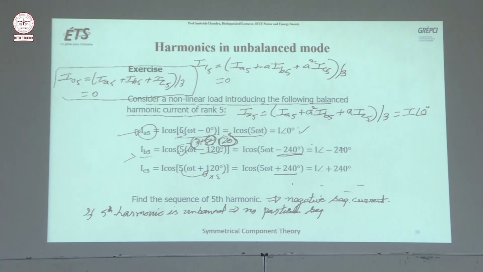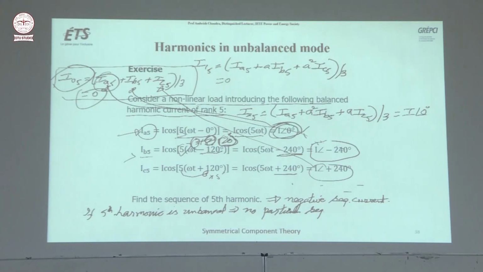So you put these values here, and see what is the value of the zero sequence of the fifth harmonic. Why is it 0? Because IA5 is this value, IB5 is minus 240 or this may be plus 120.